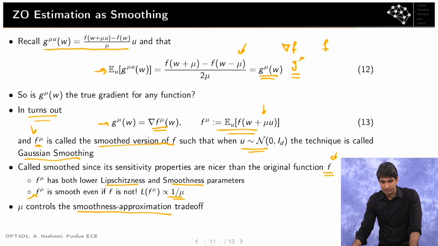So the distance between f mu and f is going to be larger. On the other hand, when mu is small and in the extreme case approaches 0, then f mu is going to approach the original function, and as a result, the sensitivity parameters are going to increase. That's why we call mu the smoothing parameter.